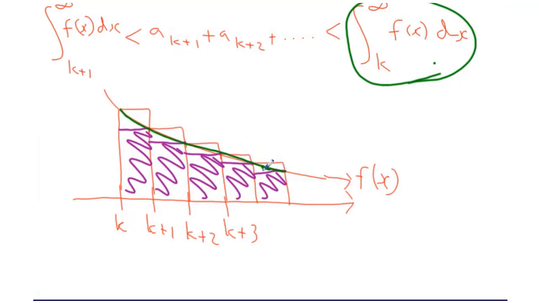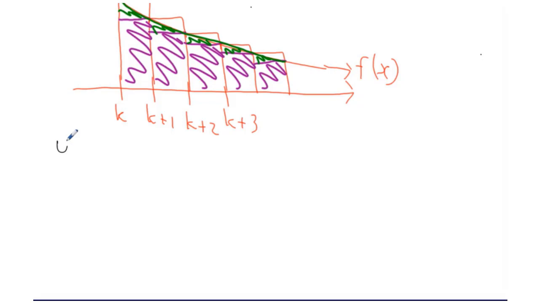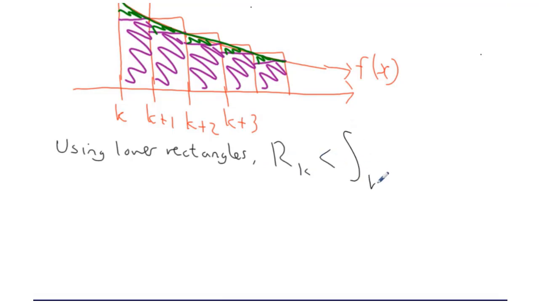So you can see it will be all of the pink bits plus these little green bits that are not there. Using lower rectangles, R_k, the error, can be seen to be less than the integral from x equals k to infinity of f(x) dx. So that's okay.